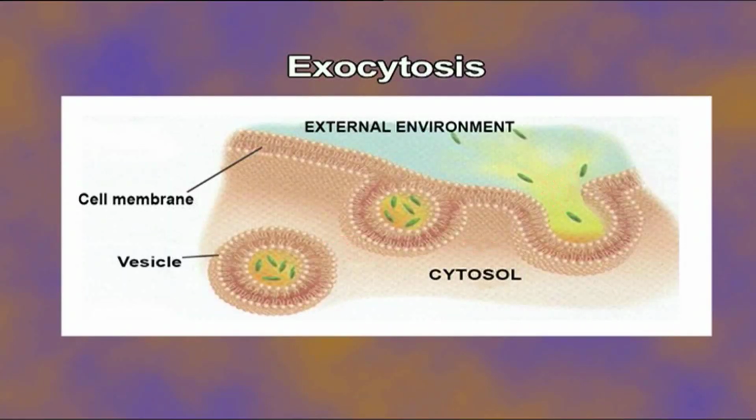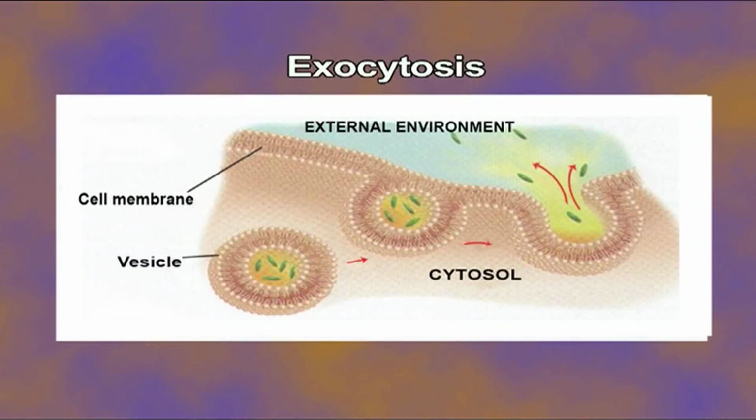In exocytosis, substances are discharged after the membrane of an internal vesicle or vacuole fuses with the plasma membrane, which then opens up. This allows the contents of the vesicle or vacuole to escape from the cell. Proteins can be secreted from cells by exocytosis in either a constitutive or a regulated fashion.